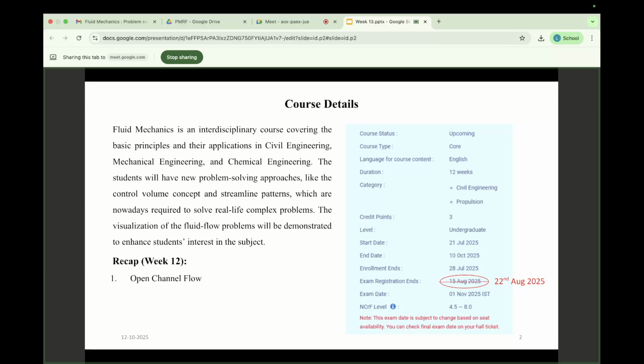These are important concepts you can utilize for your research or in solving problems. For example, if you are planning to design an experimental setup, you need to know how long it should be and what is required to achieve a given Reynolds number, and the Froude number is also important.